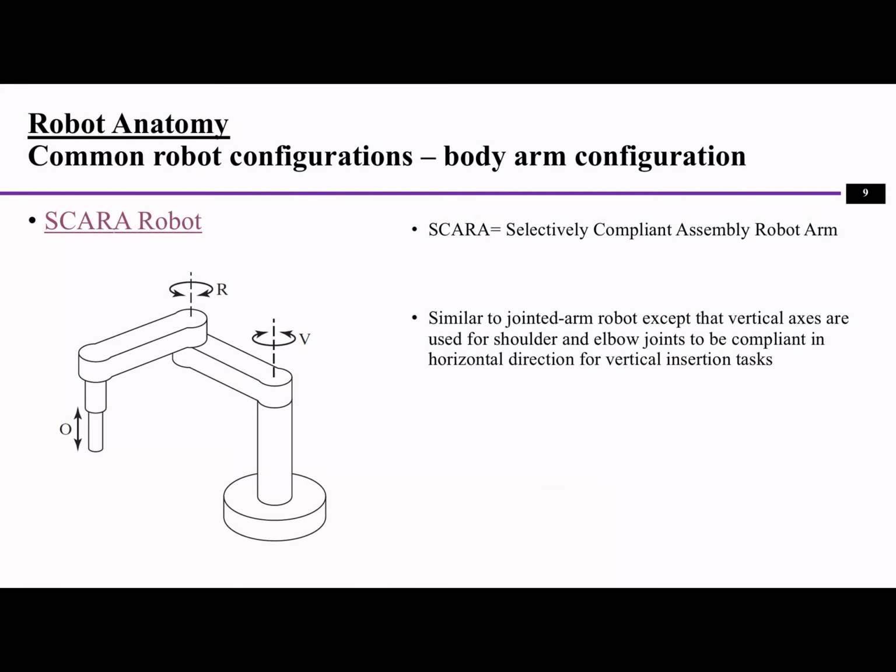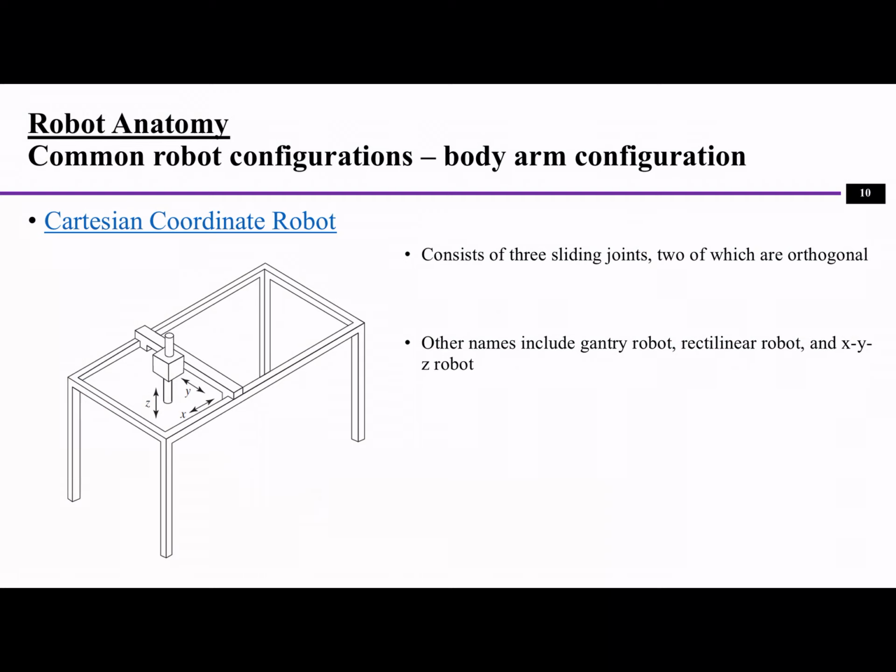And another one is the coordinate robot. So it's more like our traditional control system with XYZ axes. For example, in CNC machines we have this. In 3D printing we also have this.